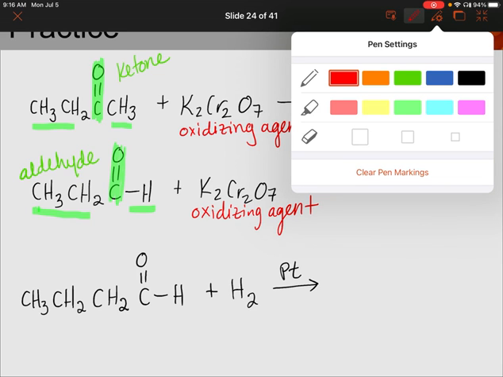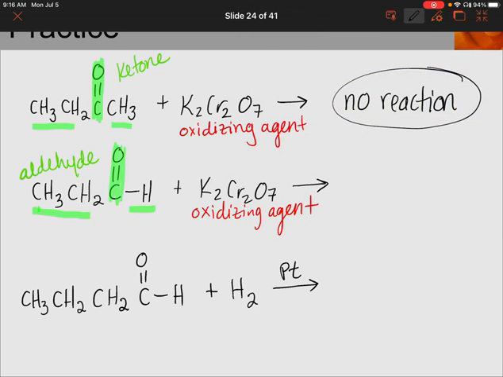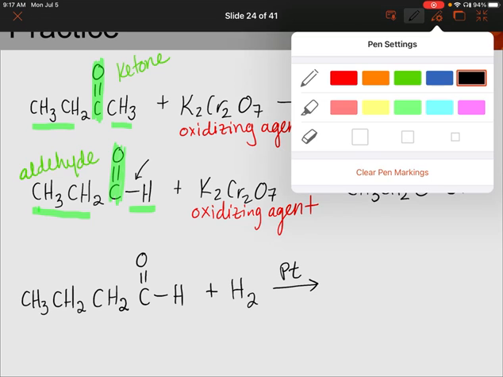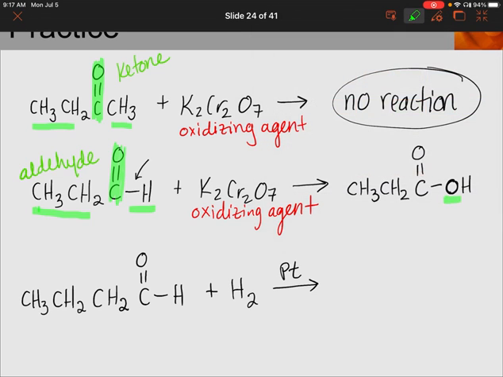And where does the oxygen add? Right between the carbon and hydrogen on the aldehyde group. So our product will look pretty much the same, except now we have an oxygen next to the hydrogen. And what type of functional group did we create? A carboxylic acid.